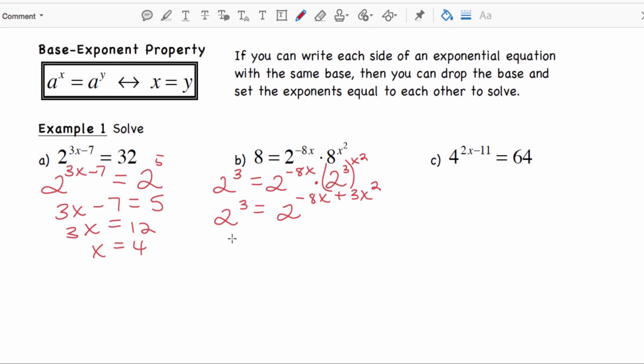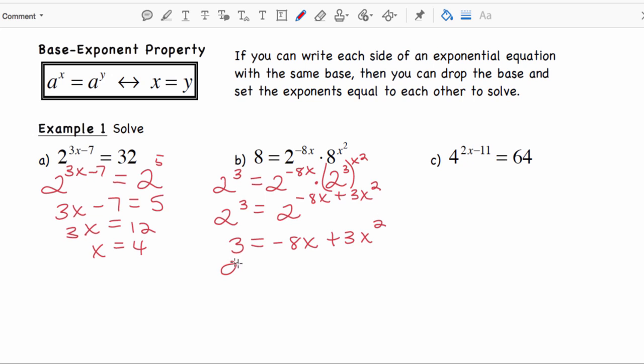And now I have the situation that I had on the left. I have both sides of my equation written with the same power, so I get to drop that base, bring down the exponents into an equation, and then I'm going to go ahead and solve that.